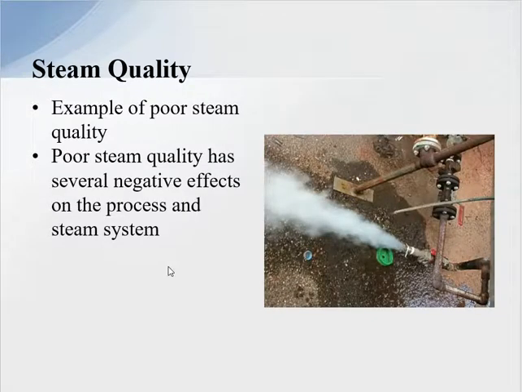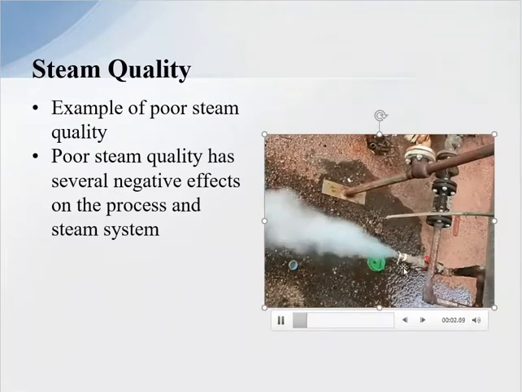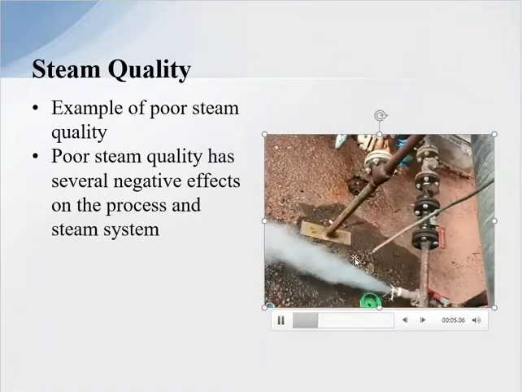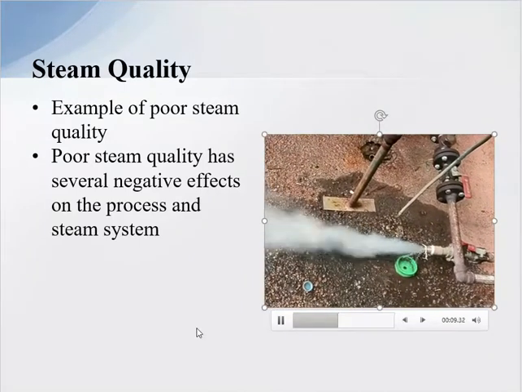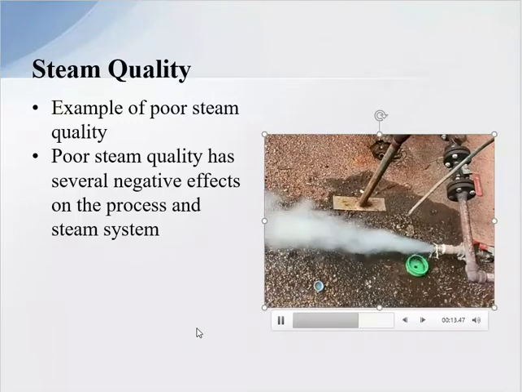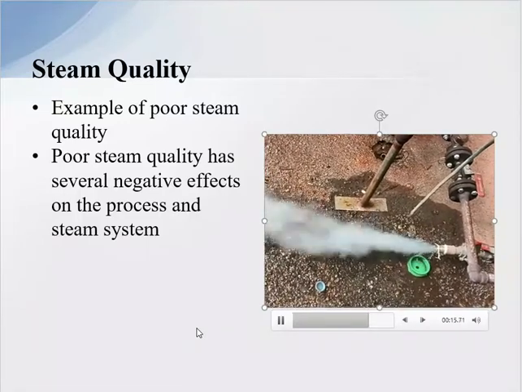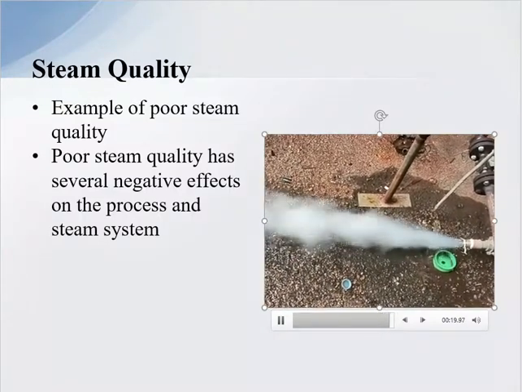Now here's an example of poor steam quality. As you can see, the condensate vapor is extremely visible, which is an indication of very poor steam quality. This can have many negative effects on the process and the steam system. So therefore, we want to achieve 100% steam quality, of course.